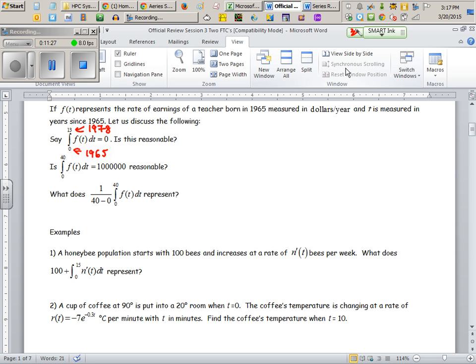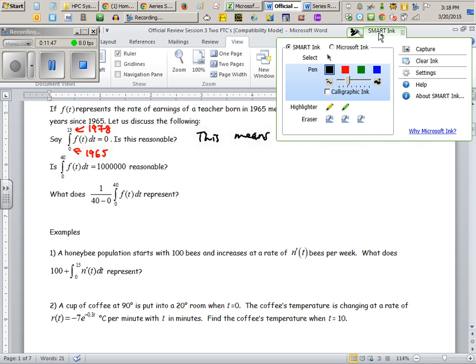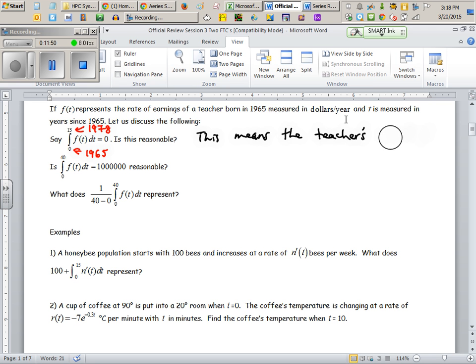So let's discuss what it means first, and then we'll decide if it's reasonable or not. So this means the teacher's change in earnings between ages 0 and 13 was 0.